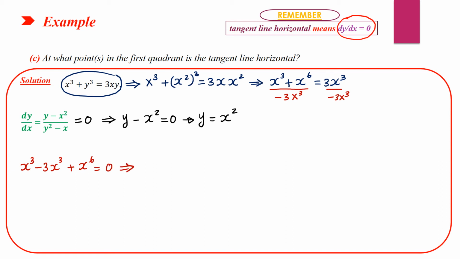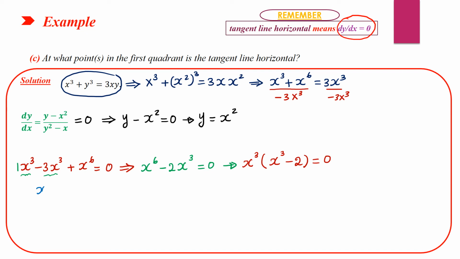Now by grouping similar terms, you will get x to the 6, and x cubed minus 3x cubed is minus 2x to the 3, equal to 0. Now you have to take the greatest common factor on the left hand side, and you can take x to the 3. You will get x to the 3 times x to the 3 minus 2 equals 0. Now we have two functions multiplied equal to 0, so the first equals 0 or the second equals 0.